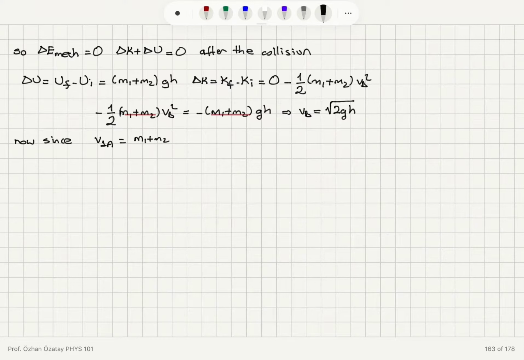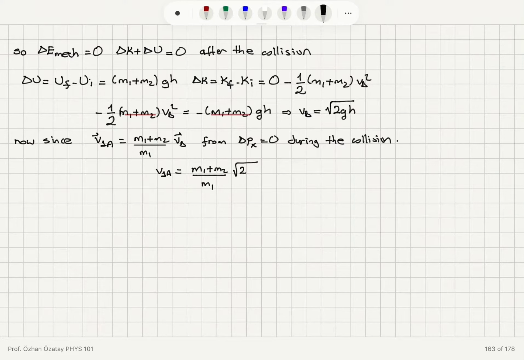This came from momentum conservation on the x-axis during the collision. We can write the initial speed to be (m1 plus m2) divided by m1 times the square root of 2gh.